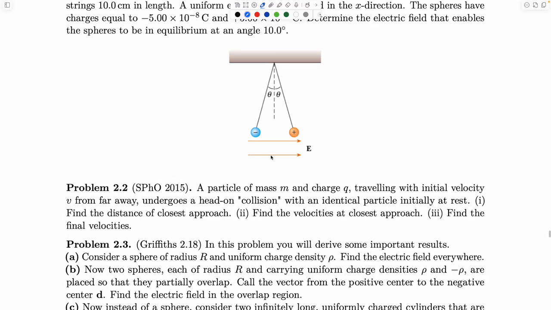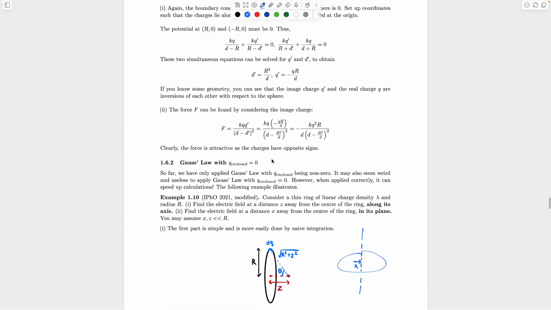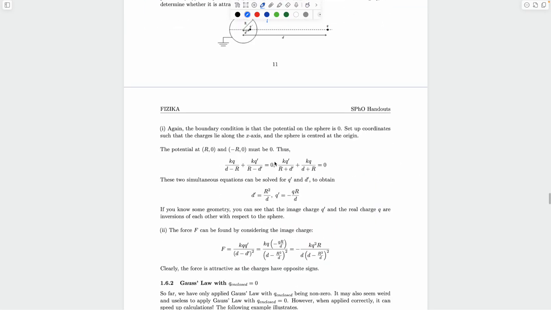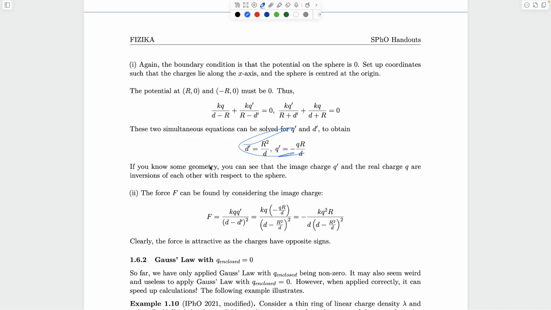I'm just going to quote the results, but if you want to refer, you can look at the derivation over here.